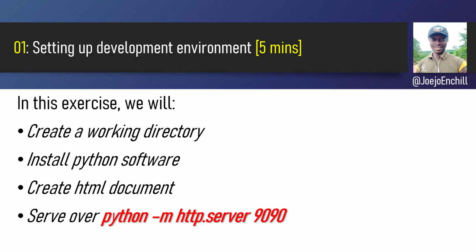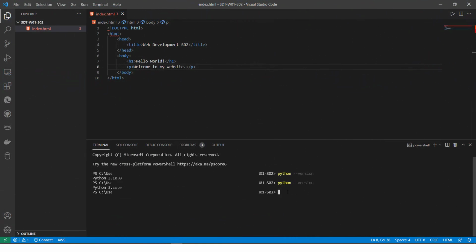All right, so we head straight to our development environment to launch our local server. We're going to preview our HTML document on our local server, and the command is python -m, that is module, and the module name is http.server, and then we add the port number, 9090.